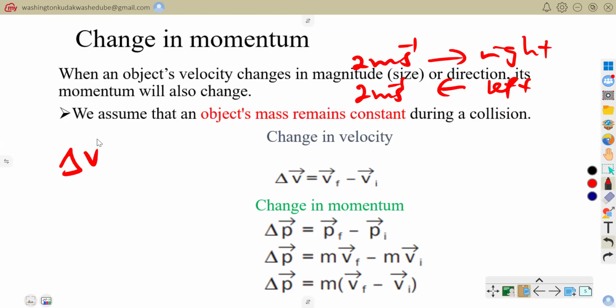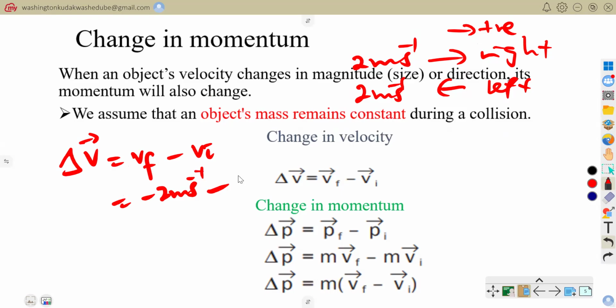The change in velocity will be final velocity minus initial velocity. If I take going to the right to be positive, the final velocity becomes negative 2 meters per second, minus my initial velocity, which is positive 2 meters per second. So the change in velocity becomes negative 4 meters per second.